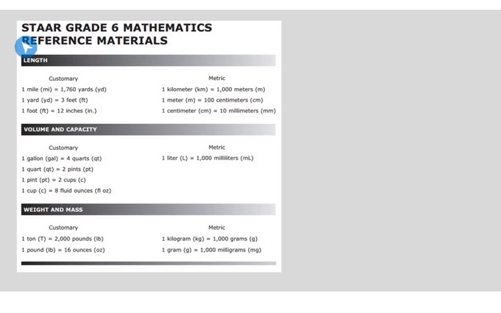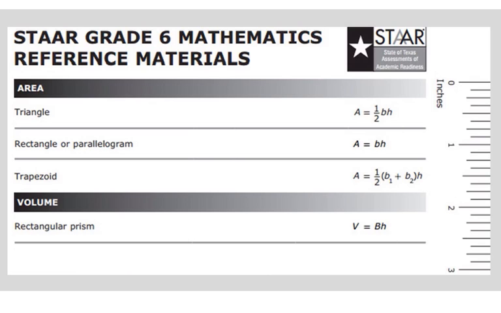This is what it looks like. This is actually one side of the formula chart that we've looked at already. And then there, of course, is the other side. And this is the part that we'll be using with this lesson, where it gives us the formula for area. And we have triangles, rectangles, parallelograms, and trapezoids.